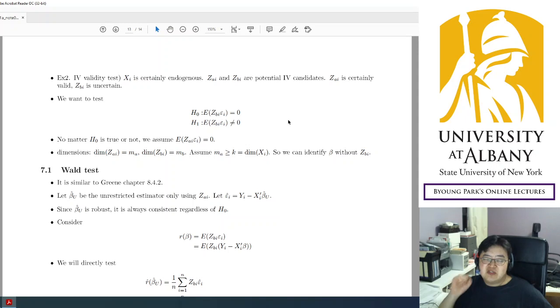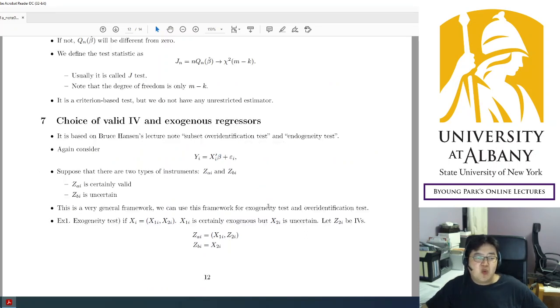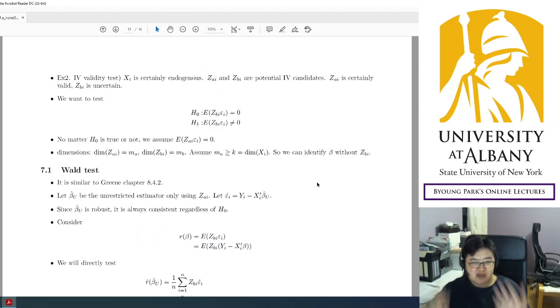And as you may have expected, we must be able to identify beta without ZB. So without using the null hypothesis, we should be able to identify beta only using those surely valid instruments. That is a requirement for this hypothesis testing. Otherwise, that means you have over-identification and extra identification power, and this extra is utilized to test some instruments.